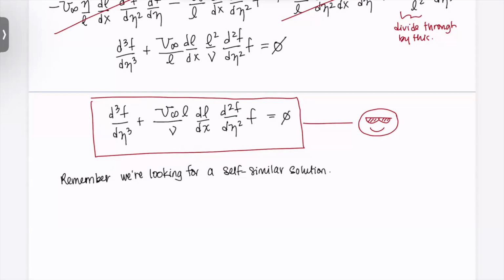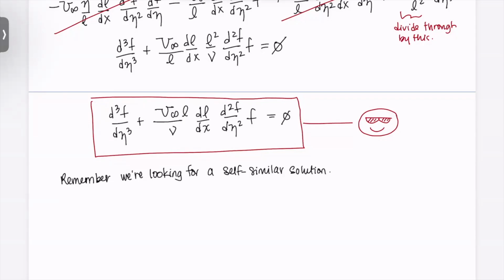By that, I mean that the shape of my velocity profile is going to be the same everywhere along the length of my plate, scaled by something, right? So that's why we introduced eta and f. That is the assignment that we've set out to find.